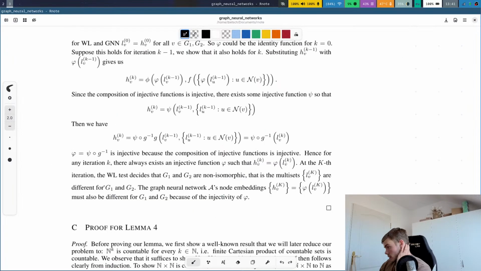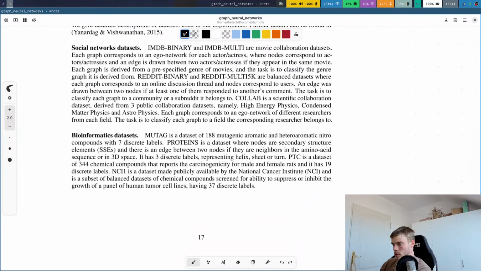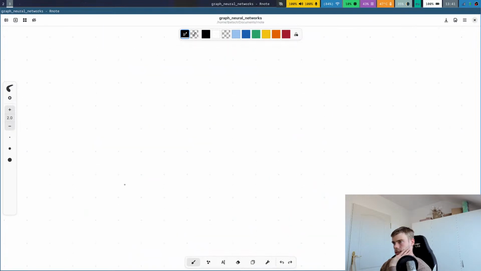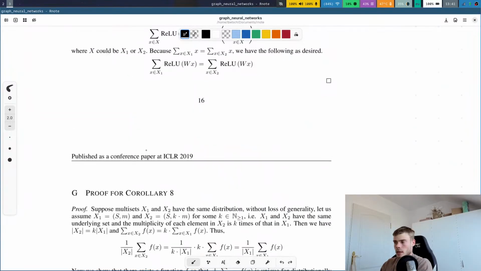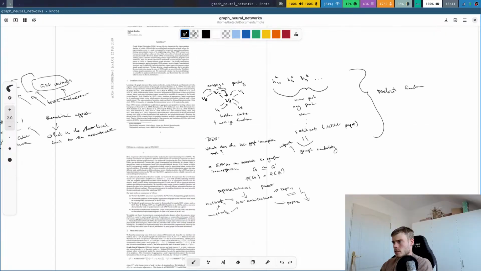Okay, and then they have their proof. Good. Something about the data set, and that's it. So let's start to read on a second pass.